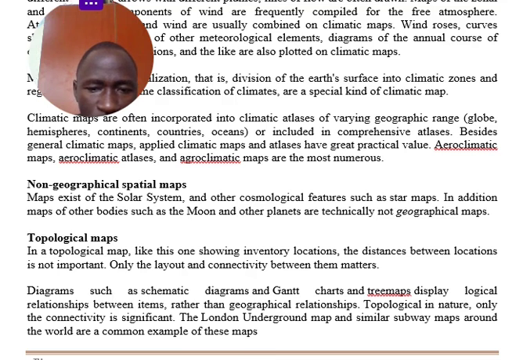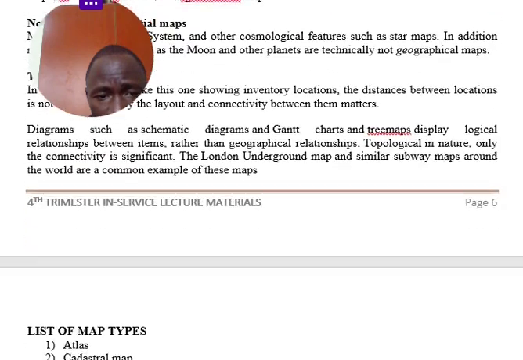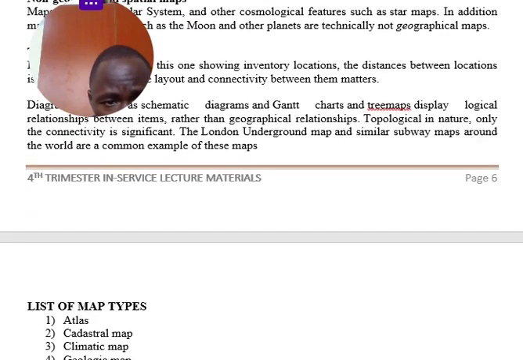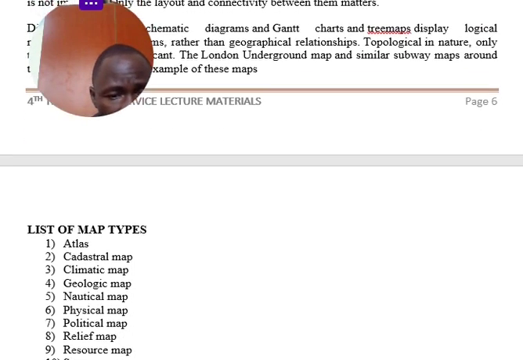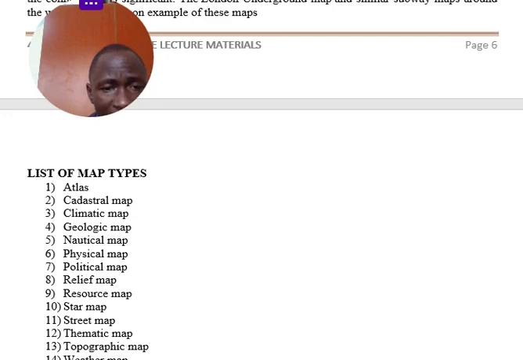Those are what we call topographical maps. Then they mention that these are diagrams that try to show how things look. Below, there is a list of the given types of maps, a list of map types.